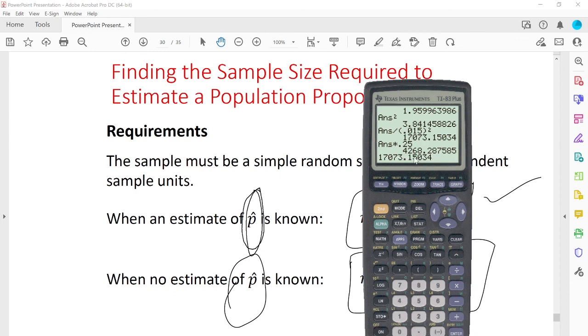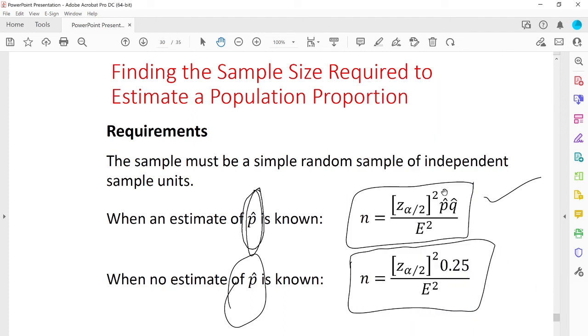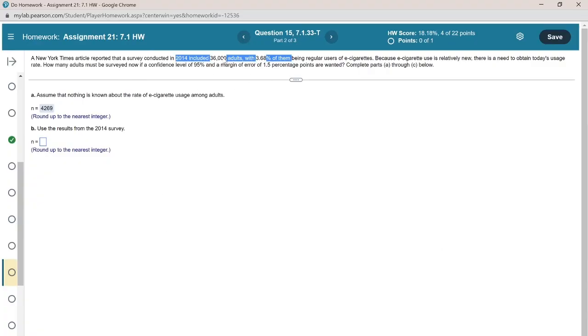This is the value I'm going to use, but I need p hat, which is the sample proportion. In this case, the sample proportion is 3.68% of them being regular e-cigarette users. So that's the sample proportion.